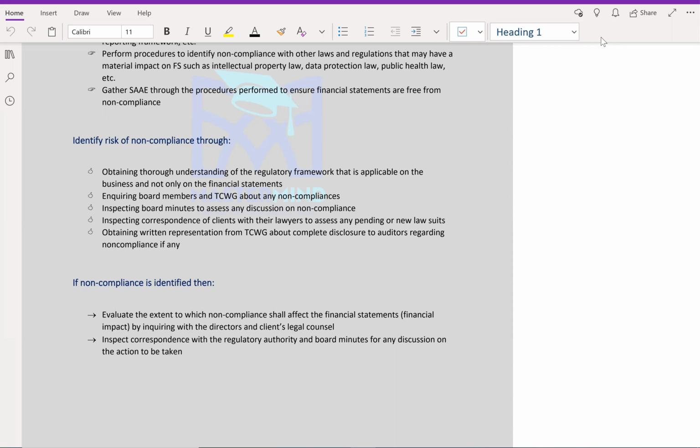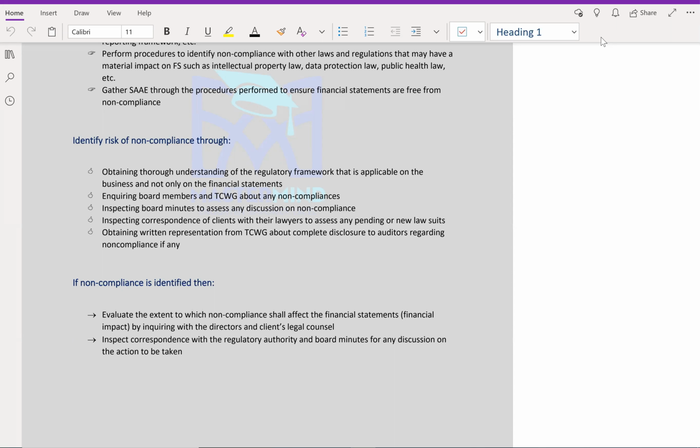And when we talk about substantive procedures related to law, as per the auditing standards, you need to perform 100% substantive testing on the legal general ledger.